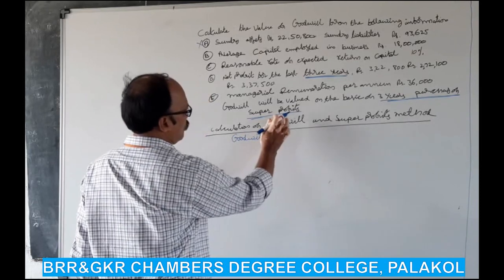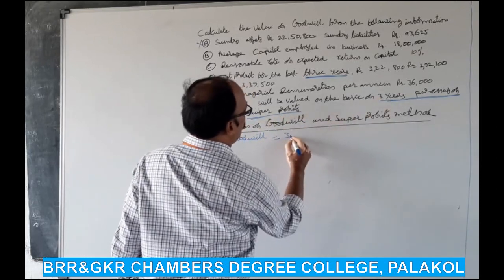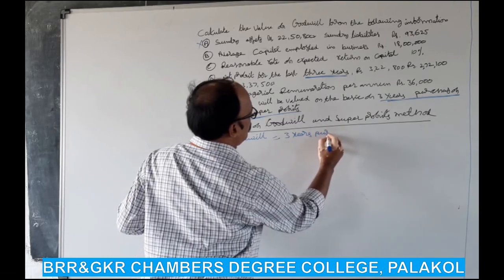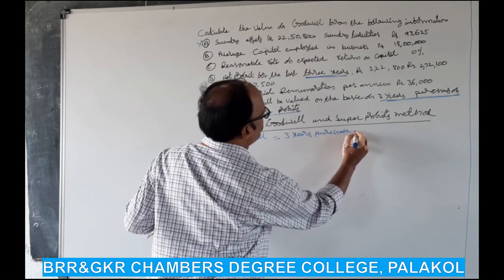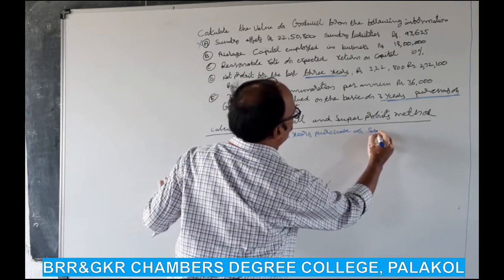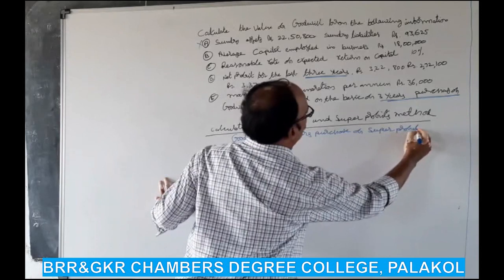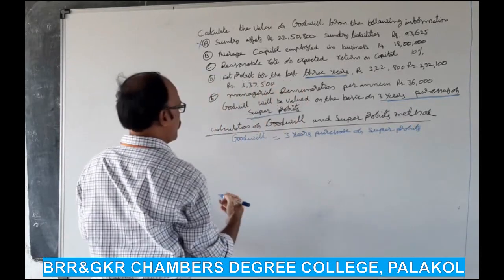Goodwill is equal to 3 years purchase of super profits. Okay, next.